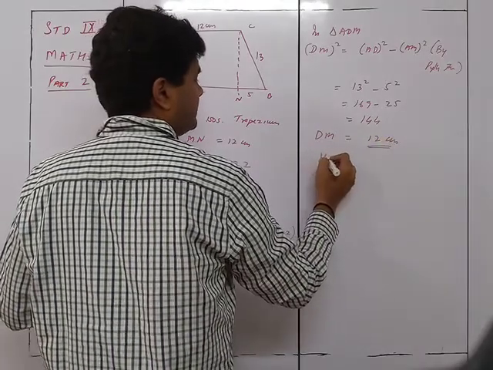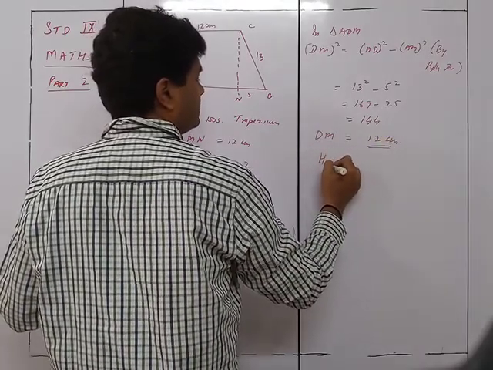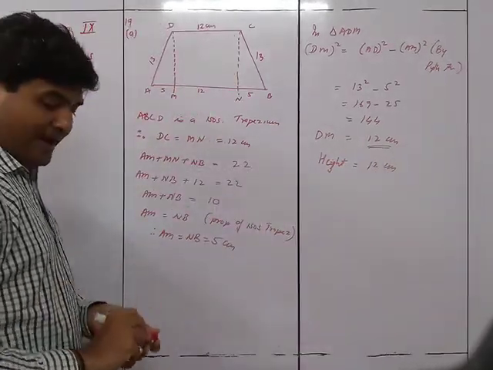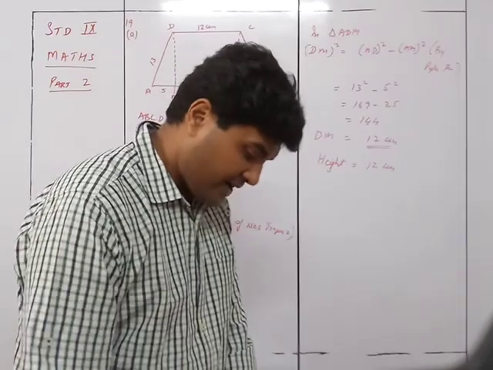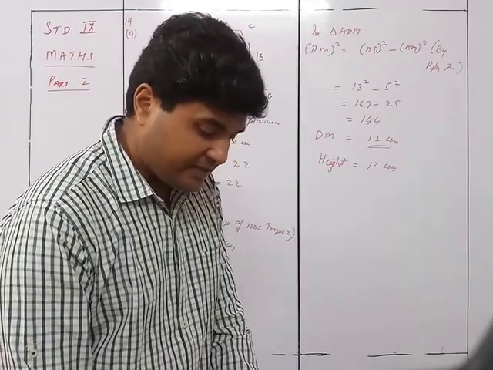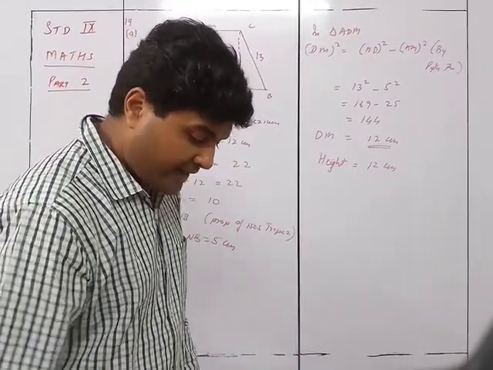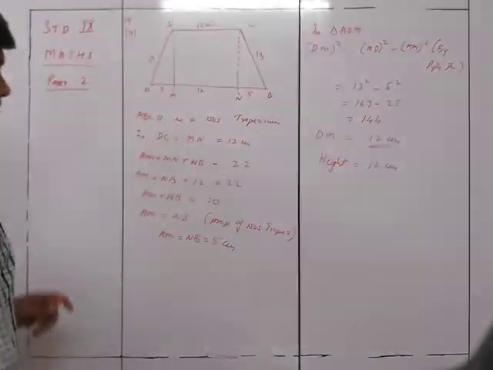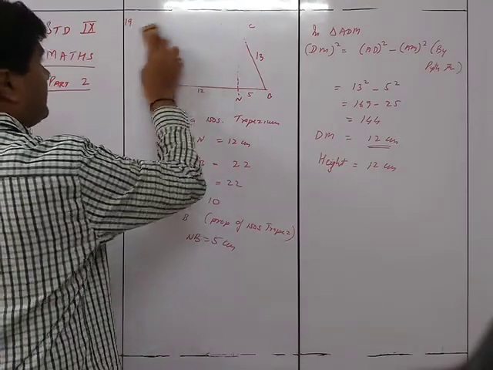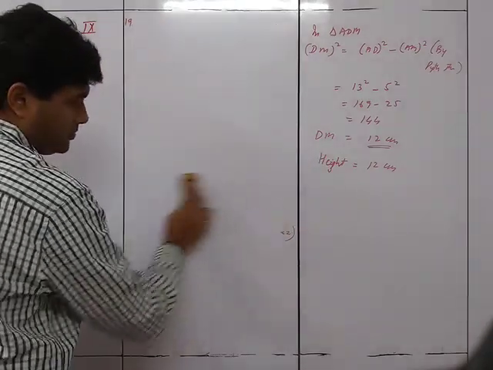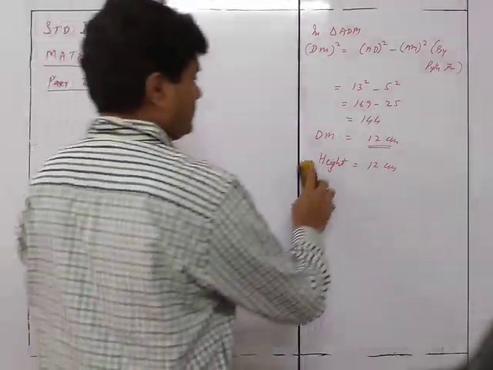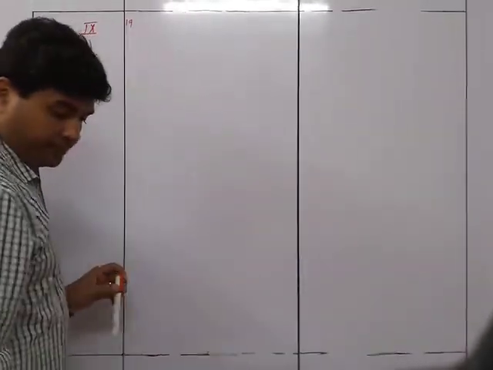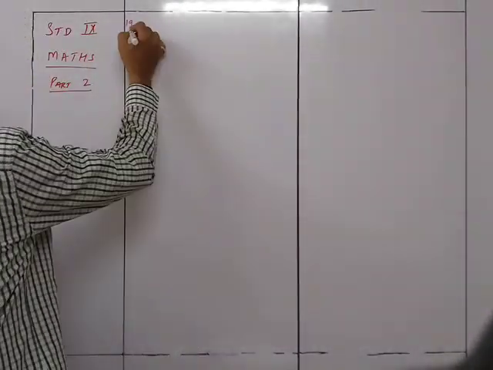So height is equal to 12 centimeters. That was the first part of sum number 19. So 19A is 12 centimeters. Now we move on to the third sum, 19C.